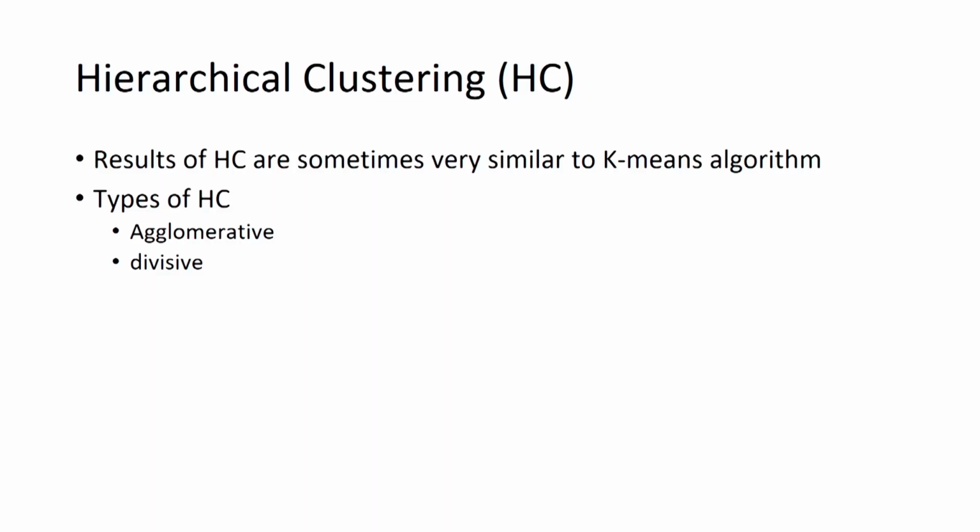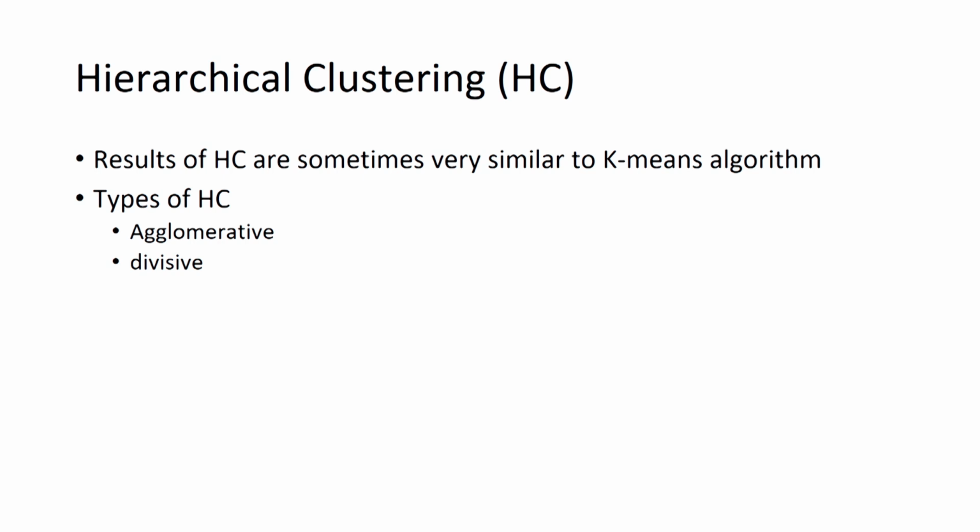So, in this lecture we will see hierarchical clustering. This is another technique of clustering. In hierarchical clustering, since this is another method of clustering, definitely the results will be clusters, and it has been seen that results of hierarchical clustering are sometimes very similar to the results of k-means clustering.